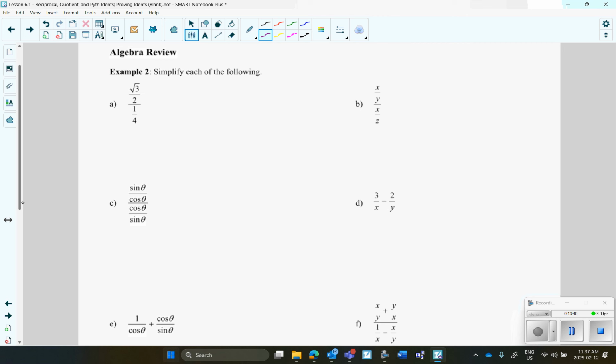Because instead of the variables, we're going to start plugging in things like sine and cos. So if we remember how to do it algebraically, we'll be able to do this. And this is going to help us prove identities.